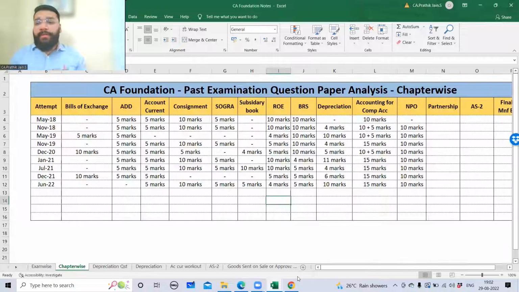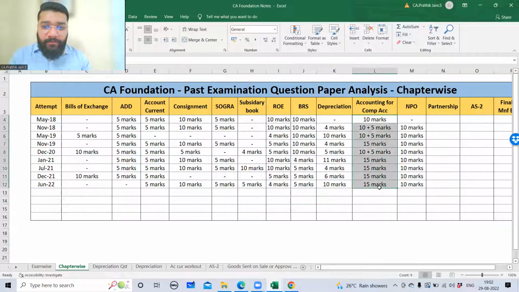Now, CA Foundation students. Look at this, man. From May 2018 to June 22, there has not been a single attempt where a question from this particular chapter has not been asked. So May 2018, guys, we had a question for 10 marks, straight 10 marks. November 2018, you can see 10 plus 5.